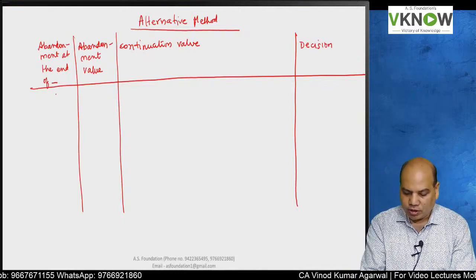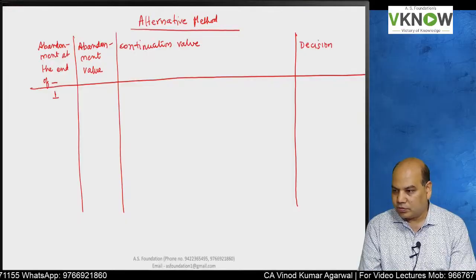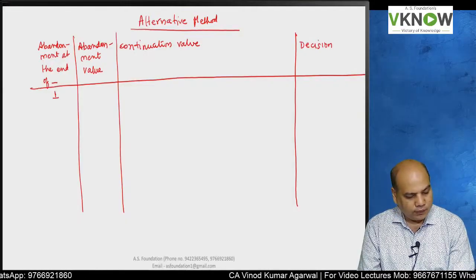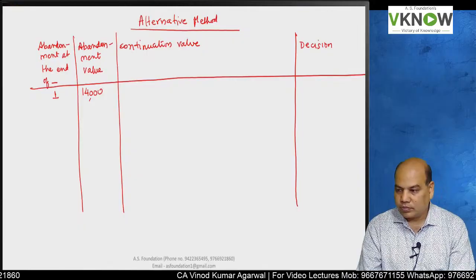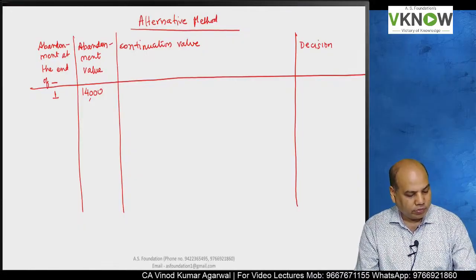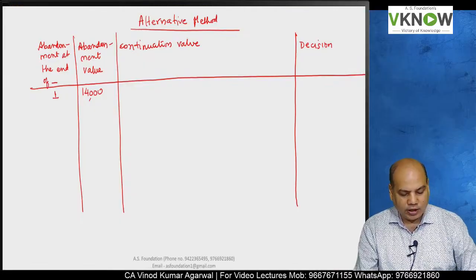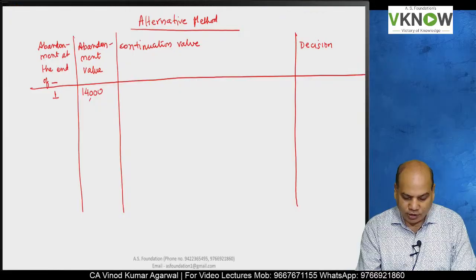So first we'll try abandonment at the end of year 1. If you abandon at the end of year 1, you will get scrap value 14,000 at the end of year 1.